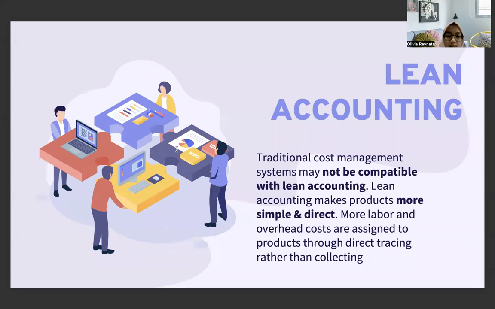Standard costing variance and departmental budgetary variance will likely encourage overproduction and work against the demand pull system needed in the manufacturing. Next.